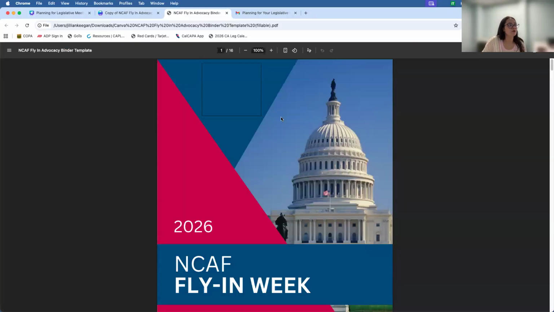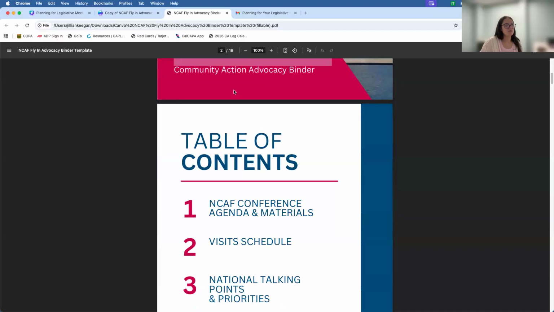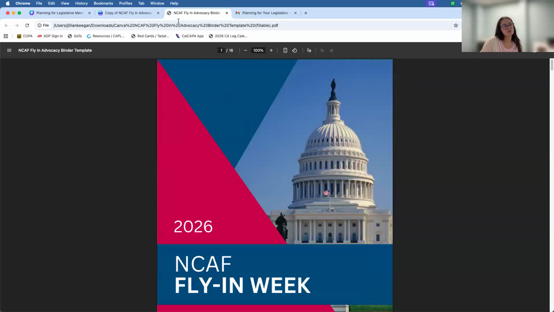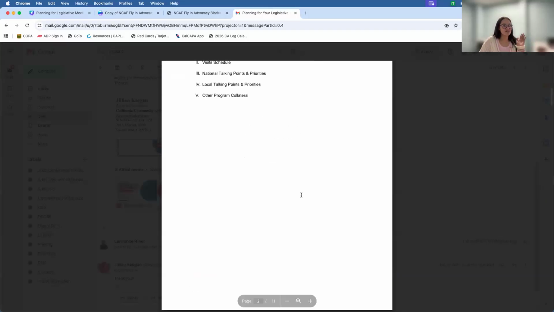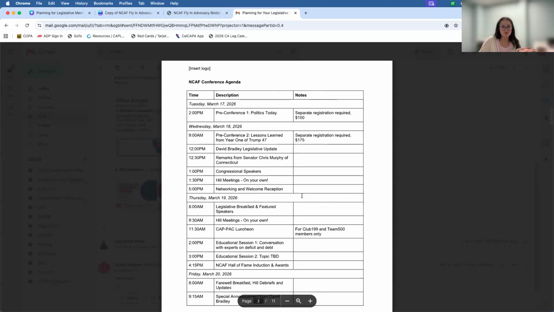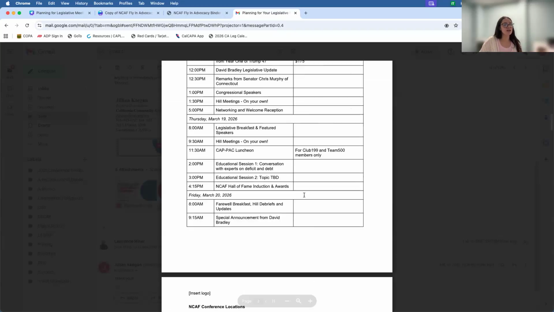I'll show you again how you might be able to use it just in a PDF. I didn't download this fully to Acrobat, but you can, and just add all the same information that you would add there. And then the stripped down version, if you don't want to deal with all of that: all the information you need just in a Word doc, or maybe you want to turn this into your own pretty version.